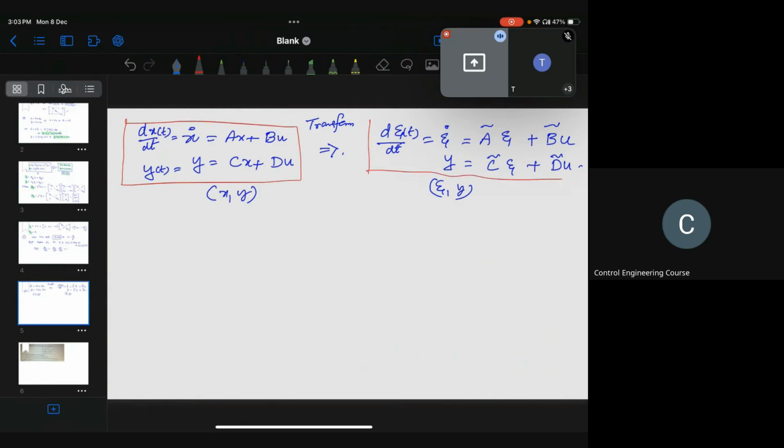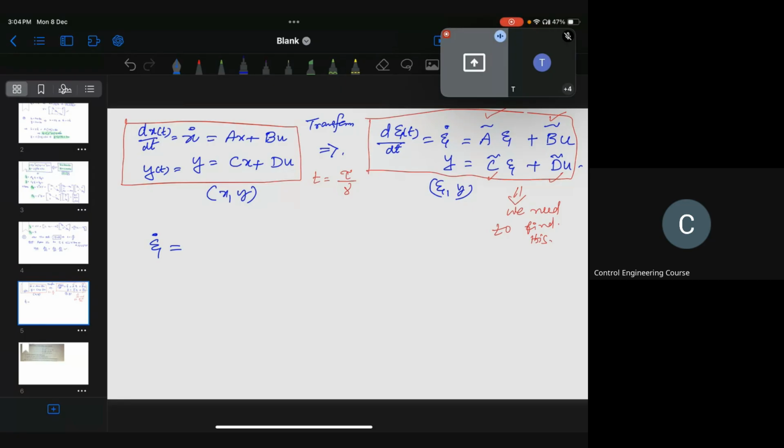We have to find the new system where the time scaling is given as t equal to tau by gamma. So this is what is given to us, and our job is to find the A tilde, B tilde, C tilde, and D tilde. So let's write first zeta dot.